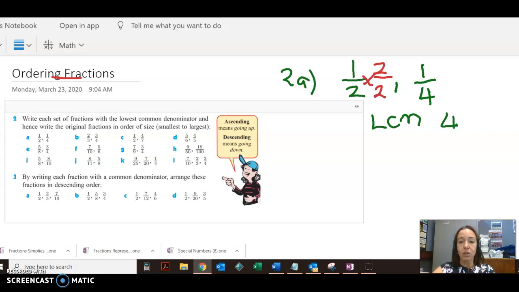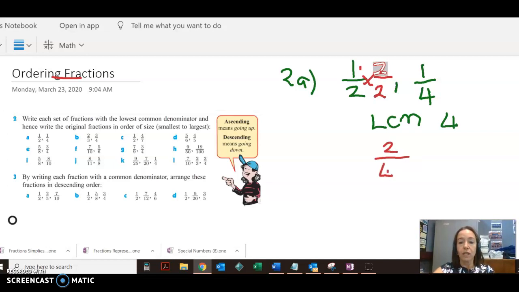So a half times 2 over 2: 1 times 2 is 2, over 2 times 2 is 4, and then I also have a quarter. If I was going to put those from smallest to biggest, obviously a quarter would come before a half.